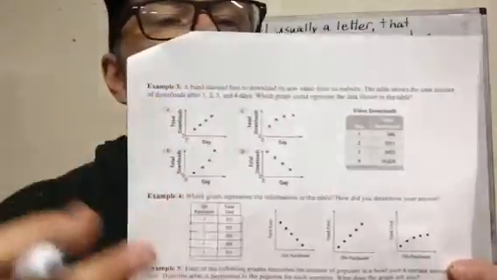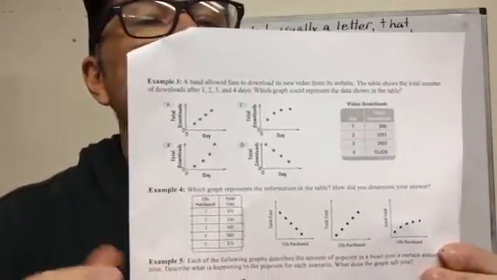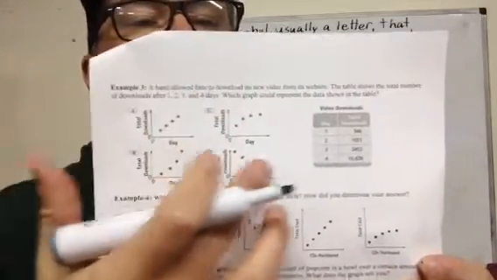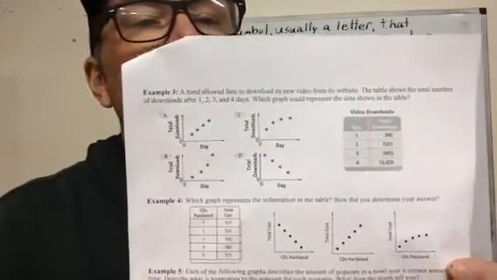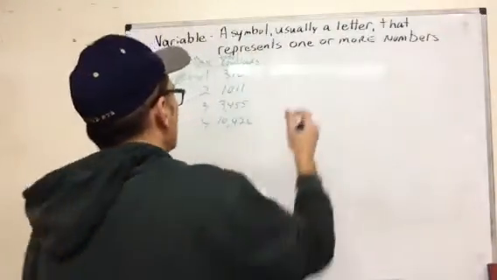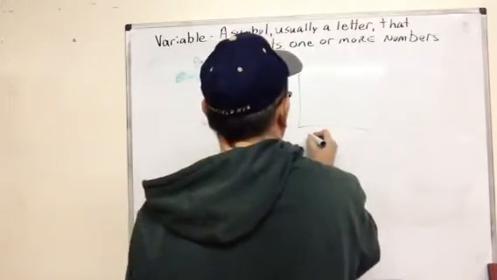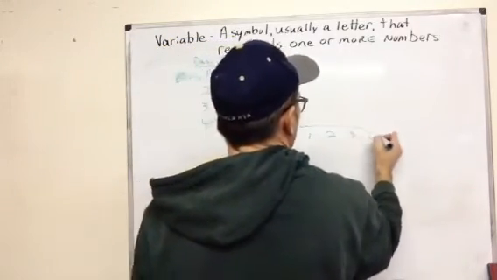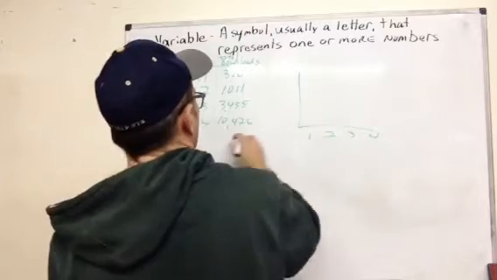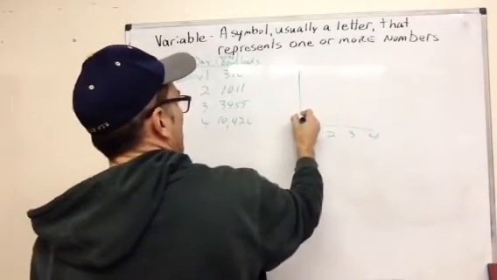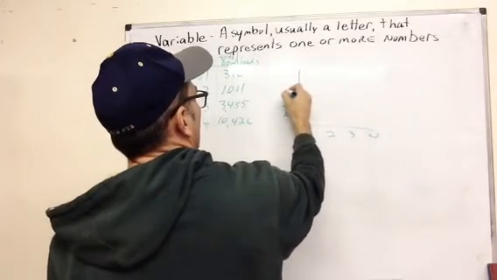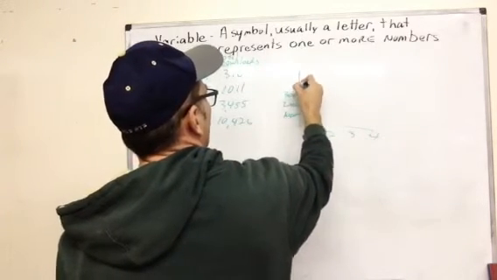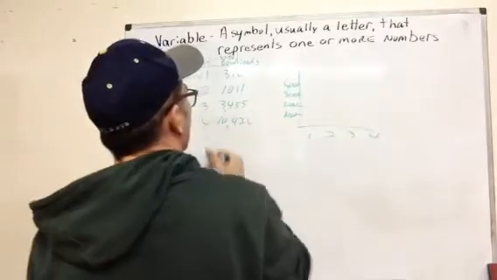Now we want to match the graph with this table. Is it A, B, C, or D? Now we can see that the days is one variable and the total downloads is the Y variable. So if I'm graphing this, here's day 1, day 2, day 3, day 4. These are in thousands. Maybe I go 1,000, 2,000, 3,000, 4,000, and so forth.